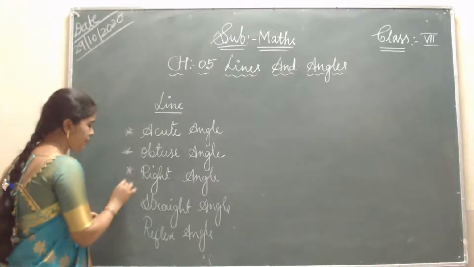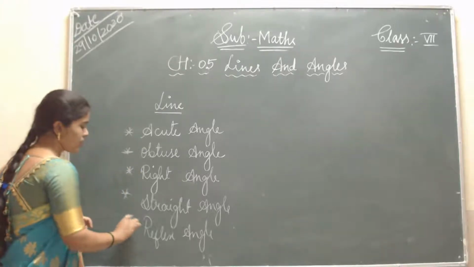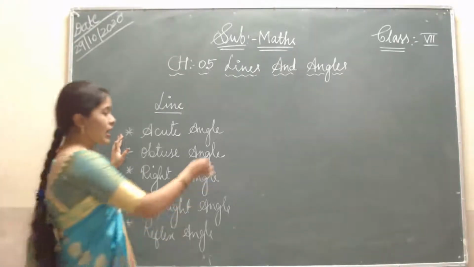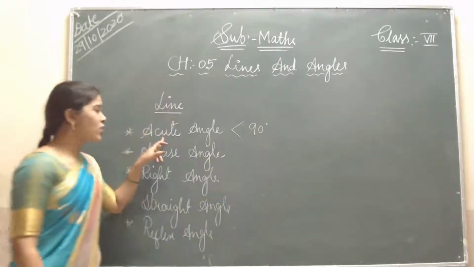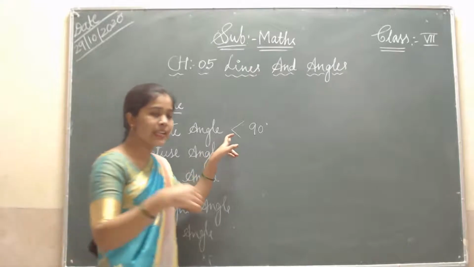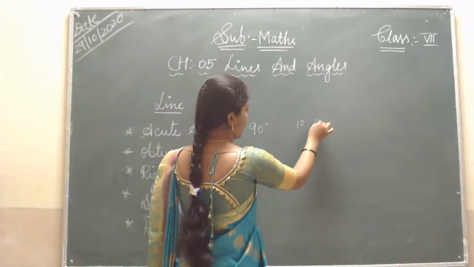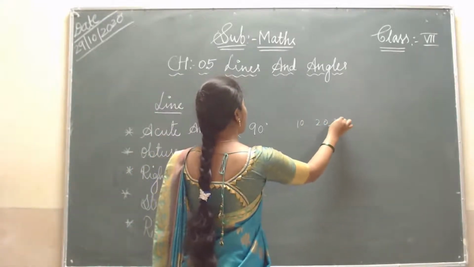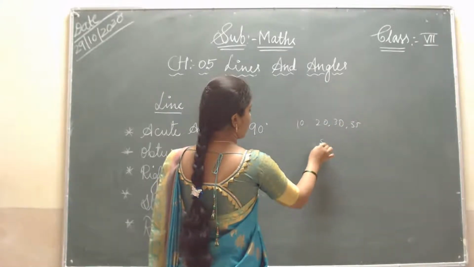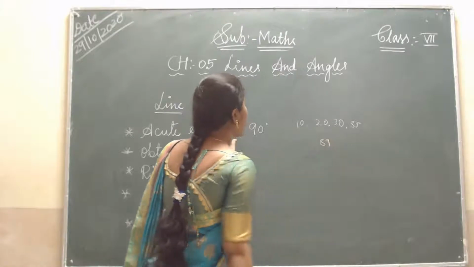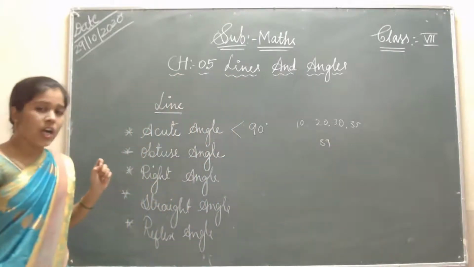See here, an acute angle is less than 90 degrees. Less than 90 means 10, 20, 30, 35, 40, up to 85, 89. Up to 89 is an acute angle.